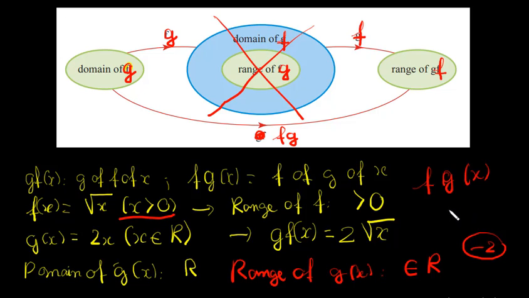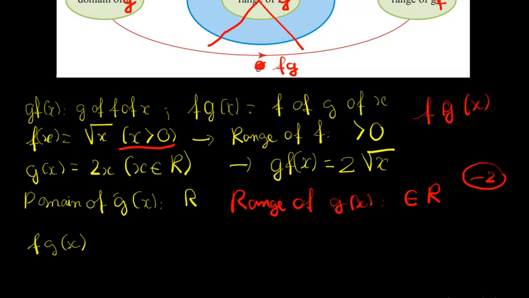So please remember that when you use a composite function, if you have a(b(x)), we apply it from right to left. First we apply b, and then we apply a later on.